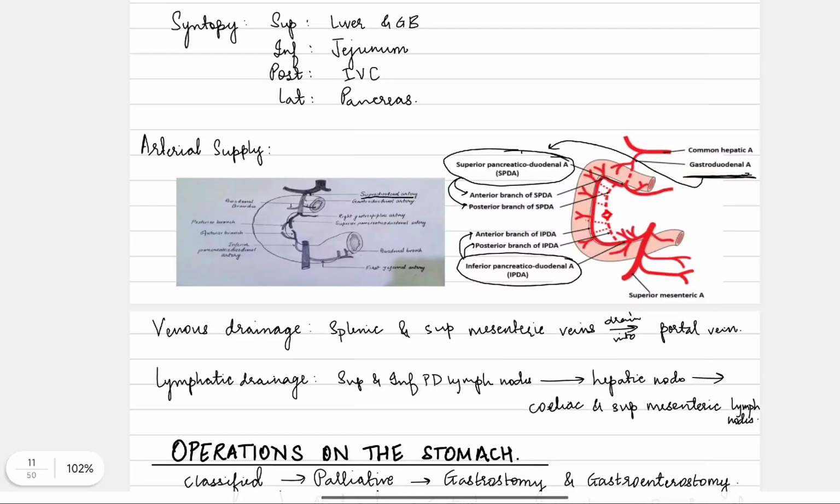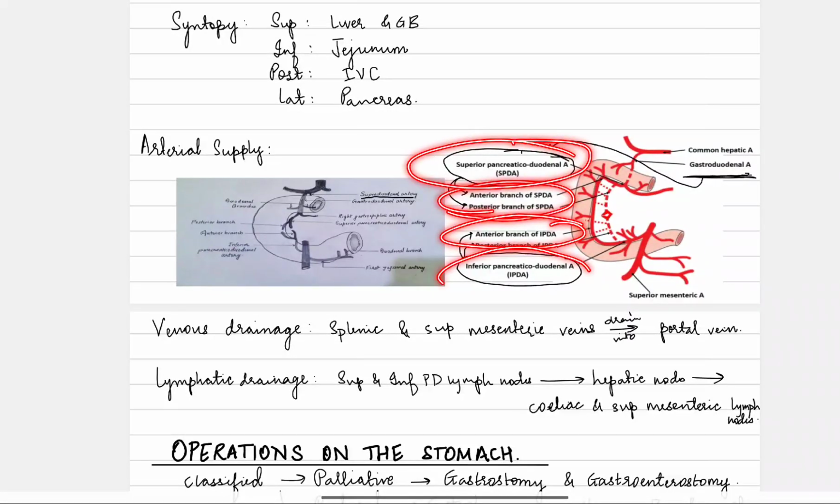Arterial supply. There is the supraduodenal artery. Okay. Anterior and posterior branches of the superior pancreatoduodenal artery and inferior pancreatoduodenal artery. See, this is the superior pancreatoduodenal artery. It gives anterior and posterior branches. This is the inferior pancreatoduodenal artery.